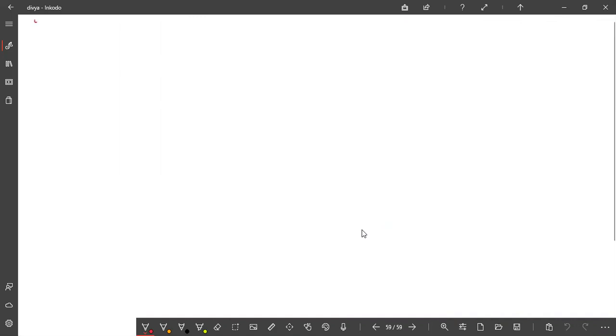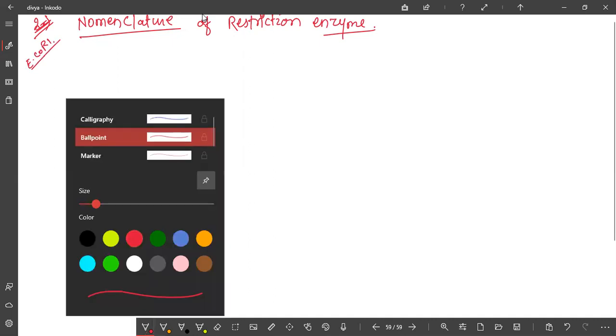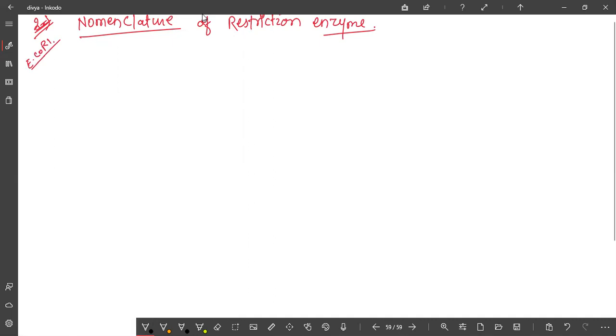Now, this is nomenclature. This is also a board examination question. Nomenclature of restriction endonuclease, the restriction enzyme. Suppose we have named this EcoRI. EcoRI is a restriction enzyme, but how have we taken this name?